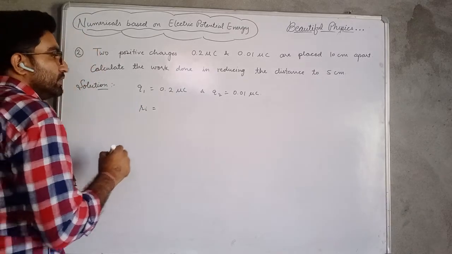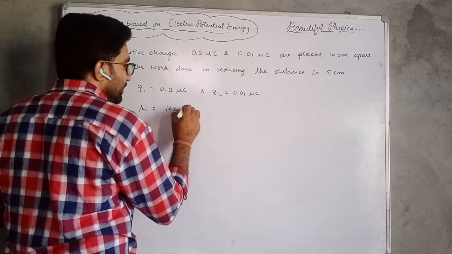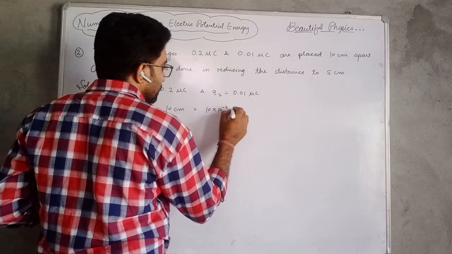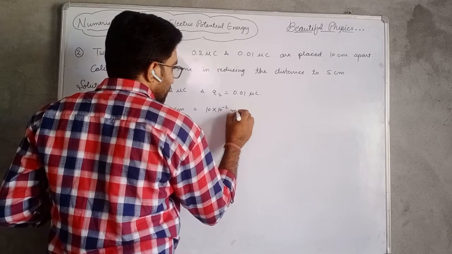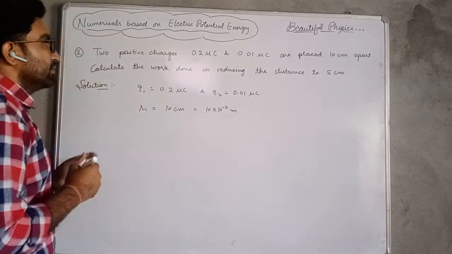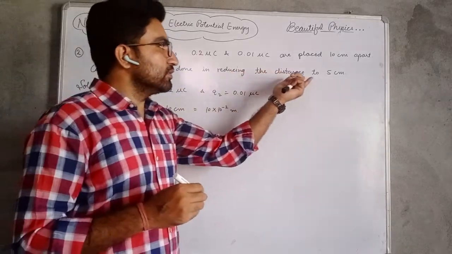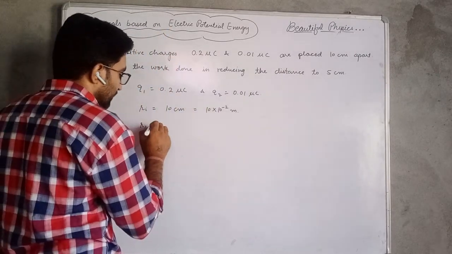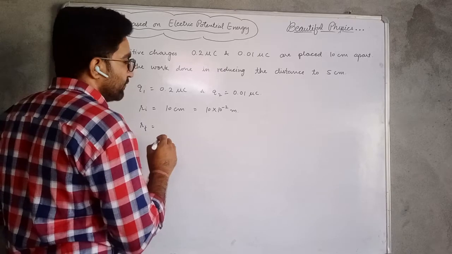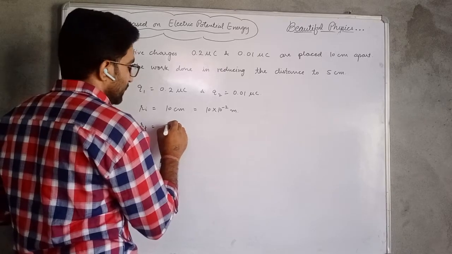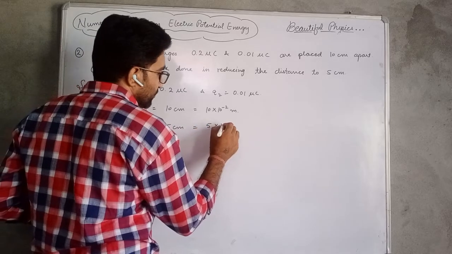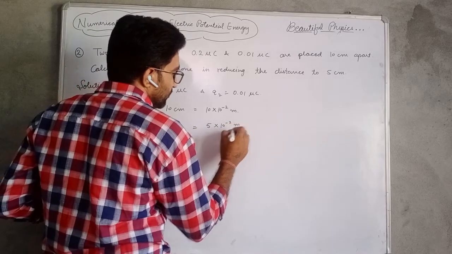Ri is equal to 10 centimeter, and 10 centimeter is equal to 10 into 10 raised to power minus 2 meter. Okay. Calculate the work done in reducing the distance to 5 centimeter. It is the final distance, which I am writing as RF, and it is equal to 5 centimeter, and 5 centimeter is equal to 5 into 10 raised to power minus 2 meter.